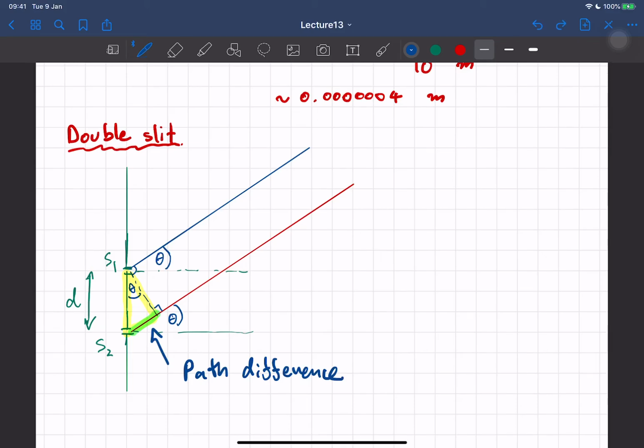So the green section is simply d times the sine of that angle. That's the path difference that I'm talking about here. From the geometry of this triangle, the path difference is just small d sine theta.